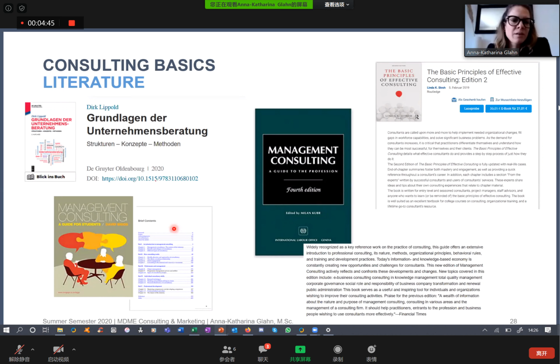It's like a basic literature. Also the Management Consulting book, it's a lot bigger with a lot of recommendations, and they're talking also about values and everything, while this is a bit more compressed. And then there's also Basic Principles of Effective Consulting, which I think might also be a very interesting one. And you will find a lot of ideas that I took out of this book in these other books as well.